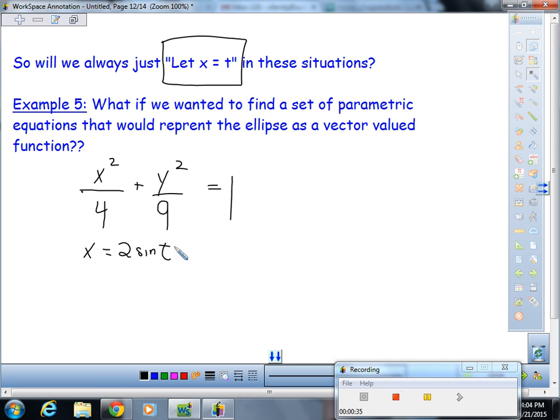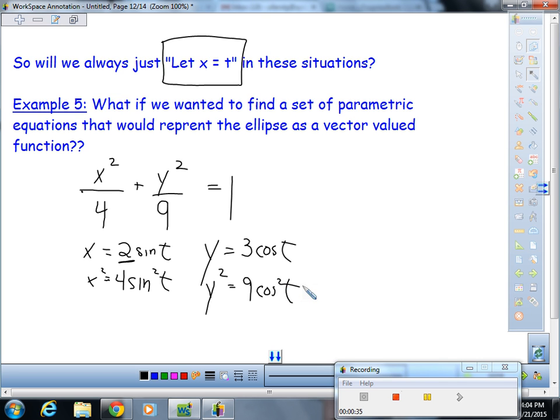Well, I know that sine squared plus cosine squared equals 1. You can see why I picked the 2, because x squared is going to be 4 sine squared of t. And the 4 divided by 4 will cancel. So if I let y equal 3 times the cosine of t, then y squared is going to be 9 times cosine squared of t.